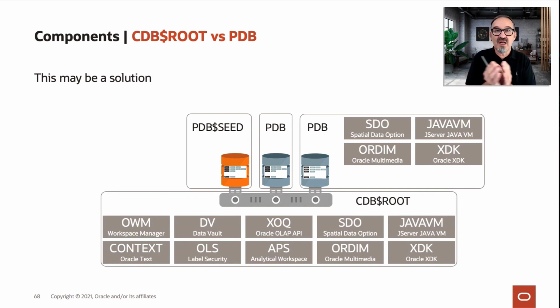But if you plug in now, or if you want to create an option afterwards in a PDB, for instance you want SDO, the Spatial Data option, which means you need to create Java VM and XDK as well, then you can create it afterwards in the PDB without being in trouble, because your root container has all the core pieces for the components. So that is possible, maybe a workaround.